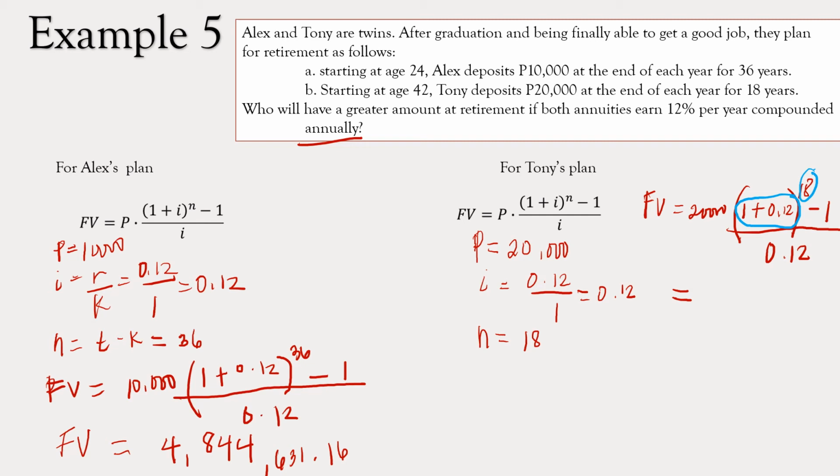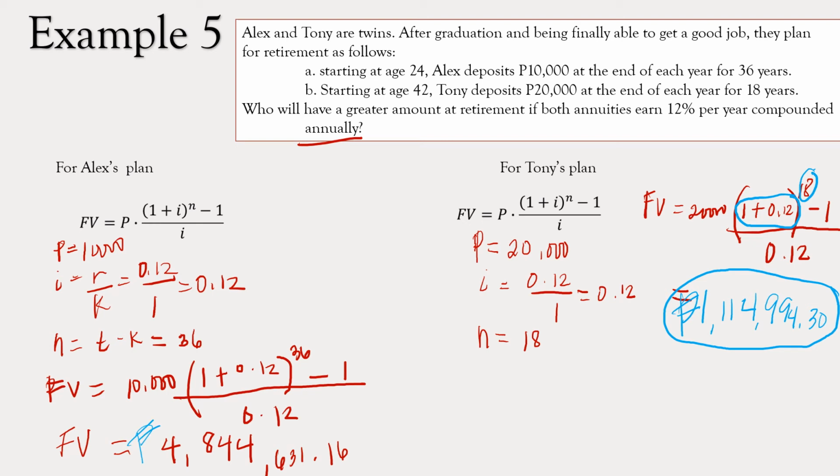So, for Tony's plan, he will have 1,114,994 pesos and 30 centavo. Lagyan natin ng peso sign.